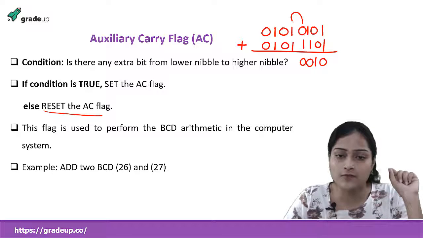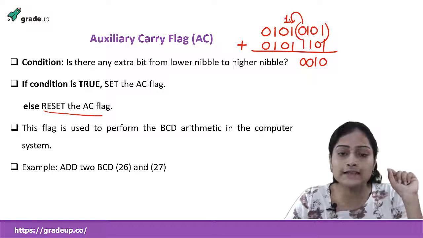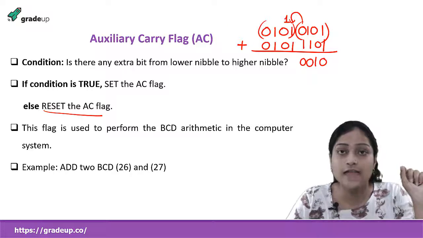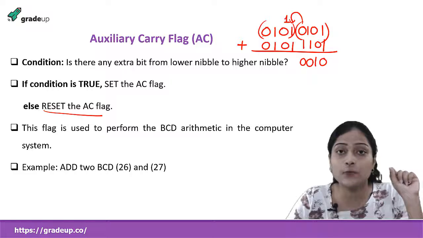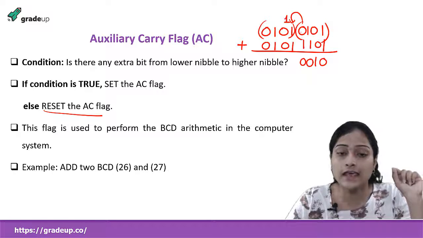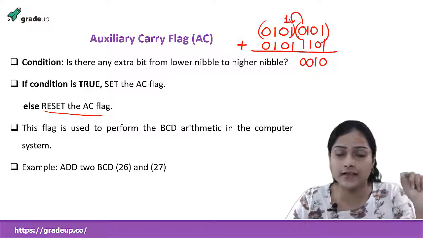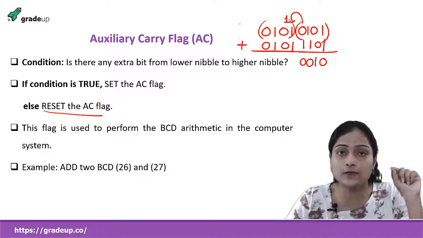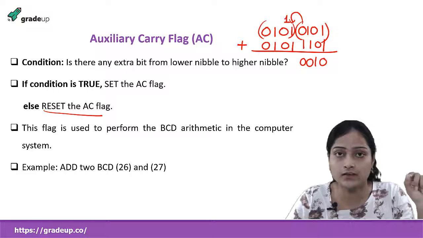This time here 1 is given as carry. So see, this lower nibble is giving an extra bit to my upper nibble. This is the condition for auxiliary carry. Here auxiliary carry will be set because the lower nibble is producing one extra bit for the upper nibble.